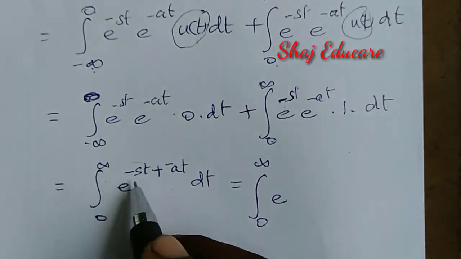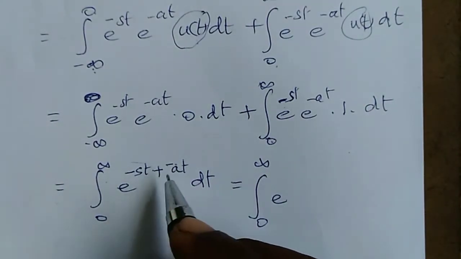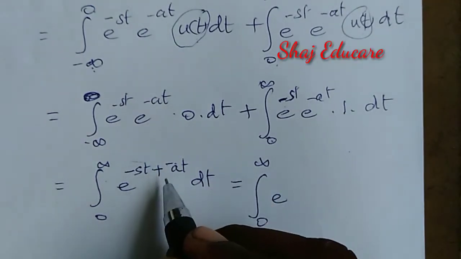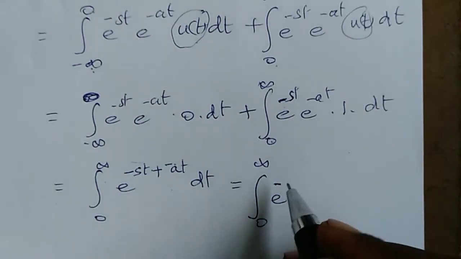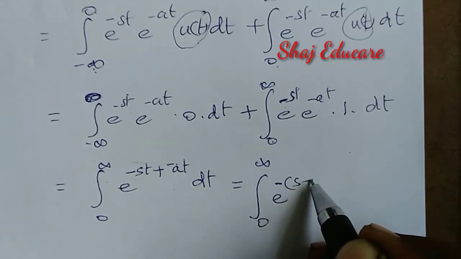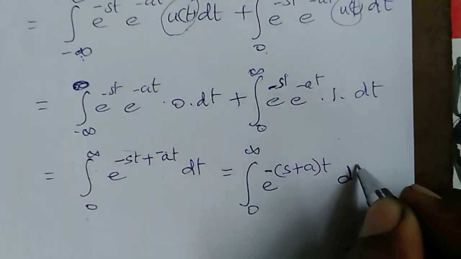e raised to, I'm taking this minus common in both cases, so I'm going to take it outside, then the remaining thing we are getting is this one, and dt.